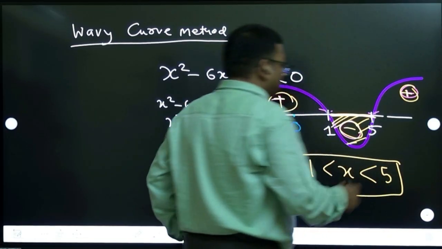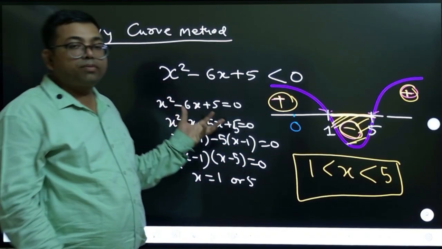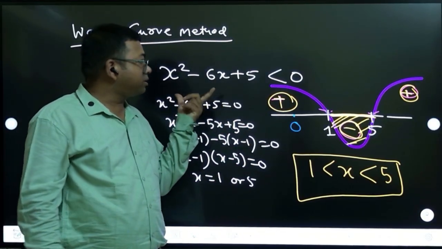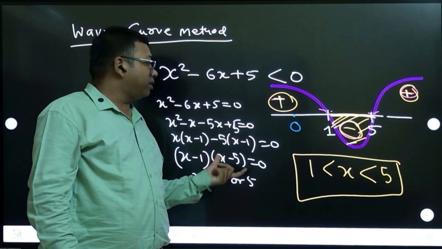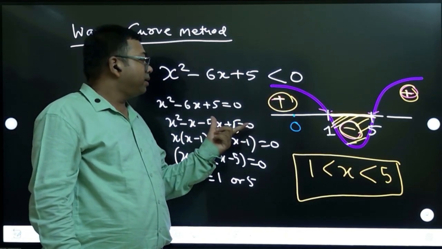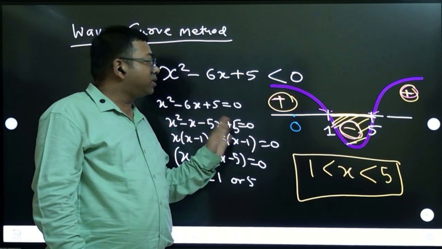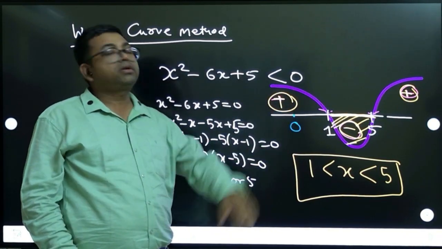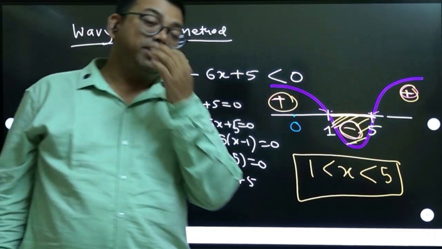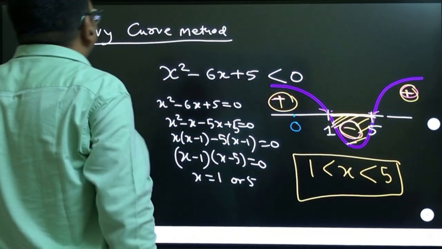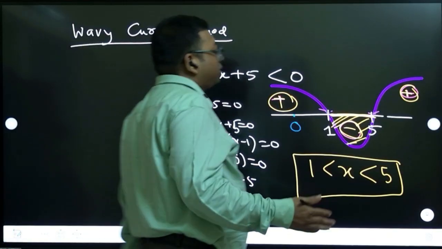That's the answer. So whenever the wavy curve method comes, first take the expression and find the roots, then put them on the number line and check the sign at any other value, then draw the wavy curve. That's the method used to find the range of values.